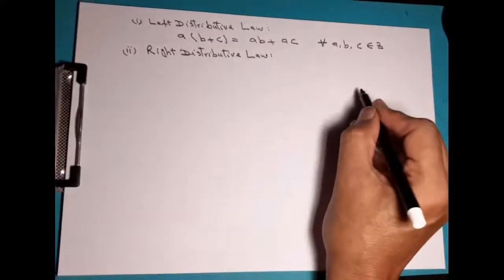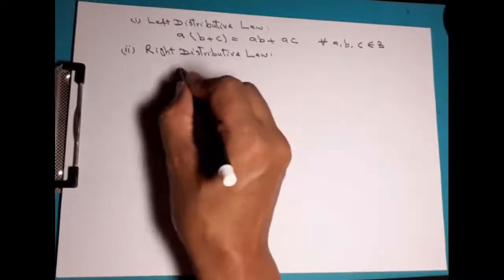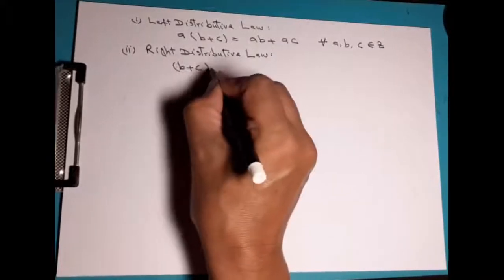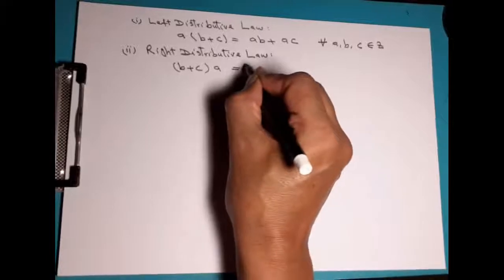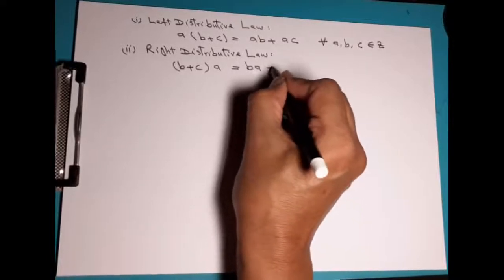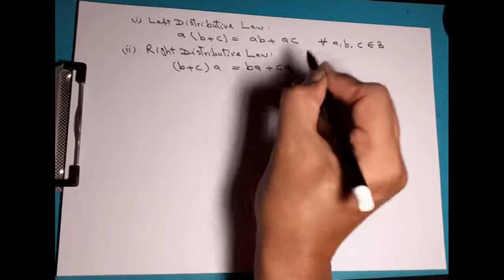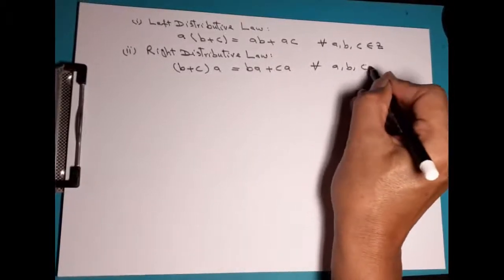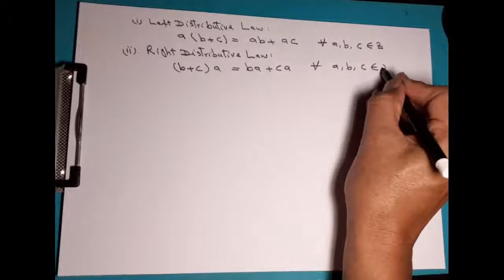The right distributive law says that B plus C multiplied with A is equal to B multiplied with A plus C multiplied with A for all A, B, C belonging to Z.